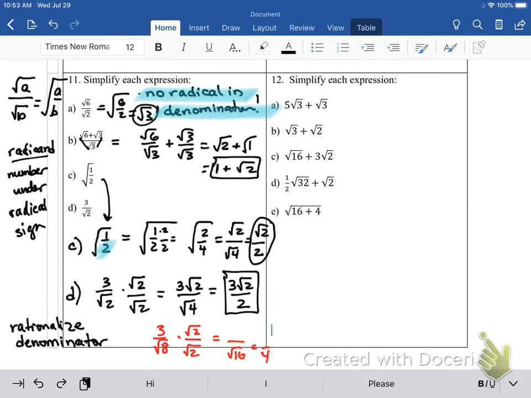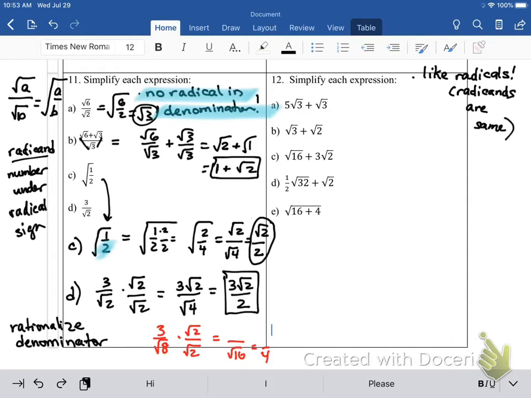Okay, so now we have addition and subtraction. So the rule for that is that you have to have like radicals, just like terms. Okay, that means the radicands, see last question, are the same. Then we just add the coefficients.